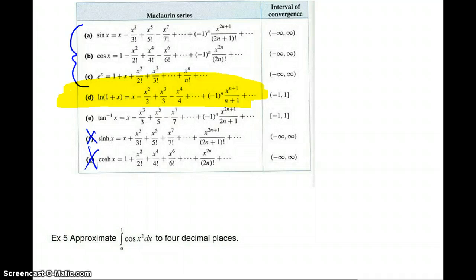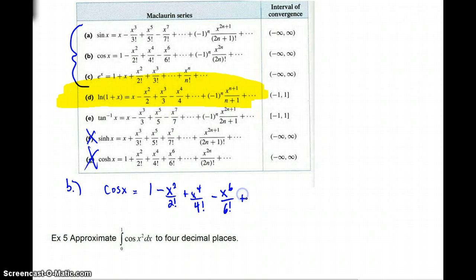But just wrapping up, let's do example 5, the very last problem. Approximate the integral of cosine of x squared dx to 4 decimal places. Well, again, let's recall that B, the cosine of x, is going to be 1 minus x squared all over 2 factorial plus x to the 4th all over 4 factorial minus x to the 6th over 6 factorial.